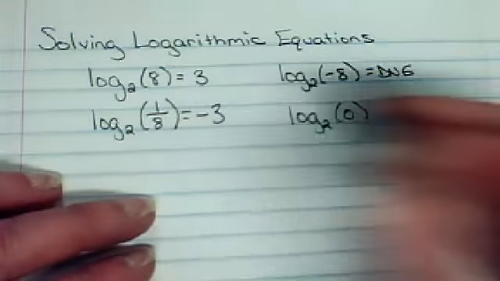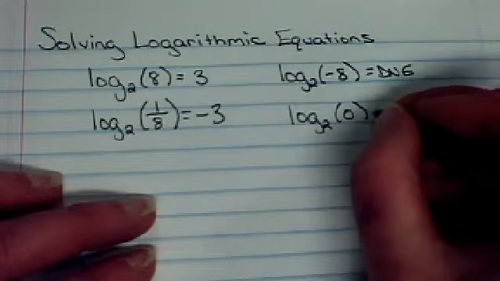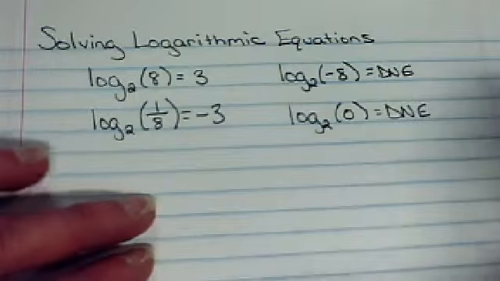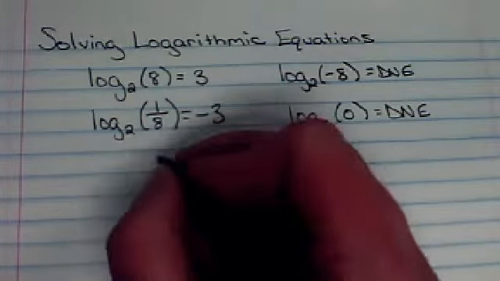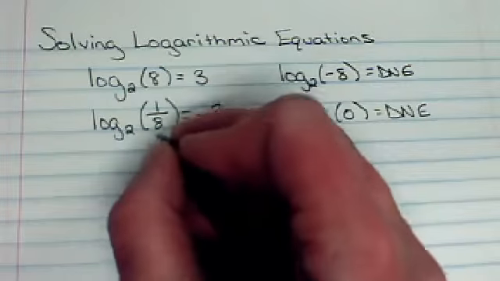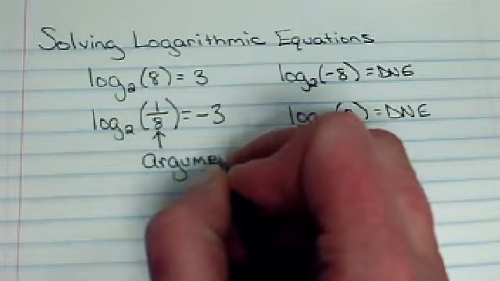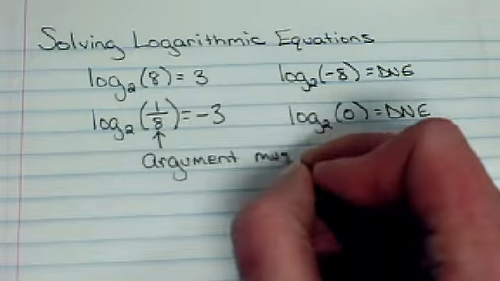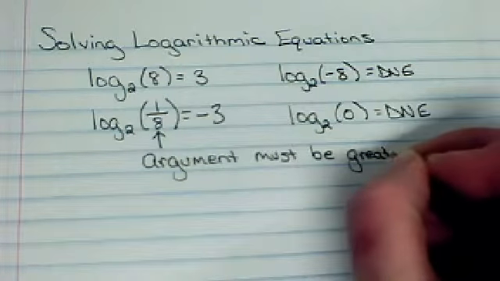No, because negative exponents can be fractions. They get smaller and smaller, but they never actually equal 0. So remember the domain of our logarithmic equations. The argument, or the x value, so this is called the argument, must be greater than 0.